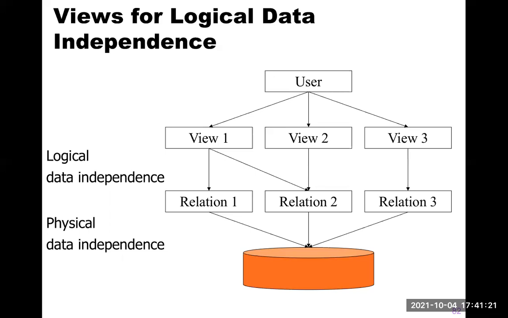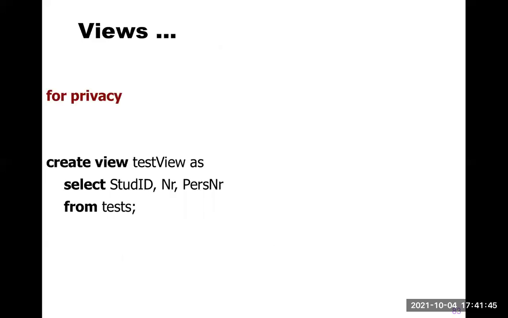But if I have a view, I just need to change that view, and that's all. The contents of that view and the interface will still be the same for all clients and users. That's logical data independence. I may change my relations, change a view accordingly, and no users will see the difference.